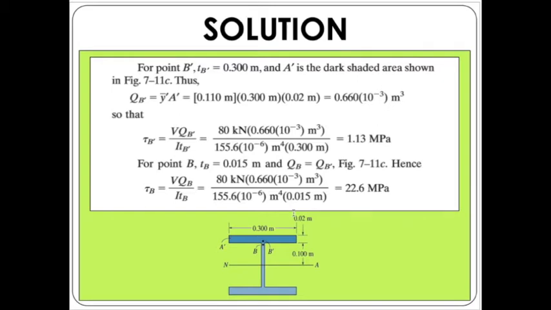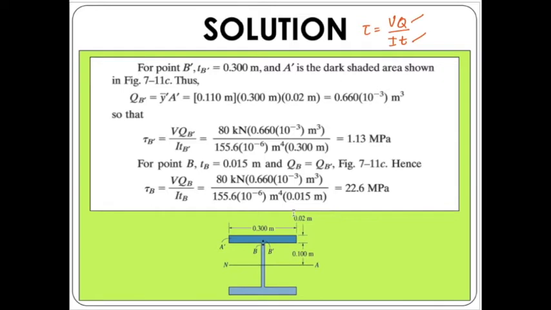Based on this, what makes a difference in the equation? The basic equation of tau is equal to VQ divided by It. The biggest difference here is on the Q value as well as the t value. These two values will vary as the location varies.